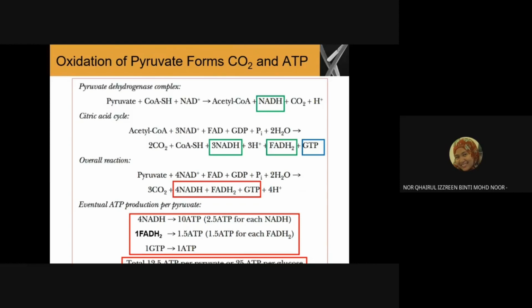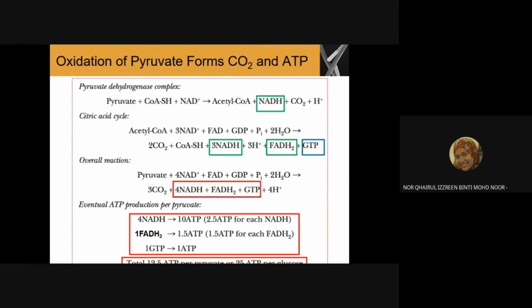And when it enters the TCA cycle, we have a molecule of acetyl-CoA, 3 NAD plus, and FAD plus GDP plus inorganic phosphate and 2 molecules of water, and produce 2 molecules of carbon dioxide and coenzyme A and 3 NADH plus 3H plus, FADH2 and 1 molecule of GTP.